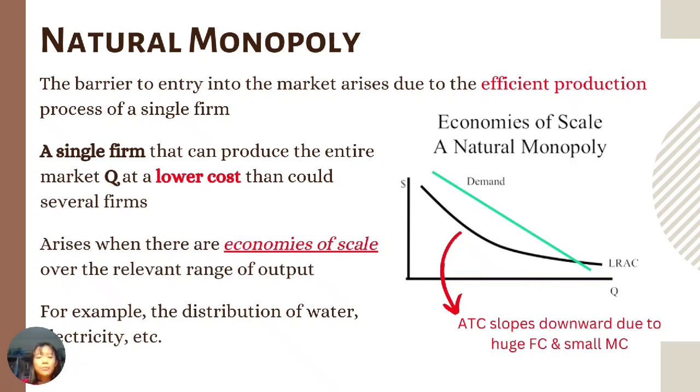And as we have learned before, when there are economies of scale, the long-run AC curve will be downward sloping. So the ATC slopes downward due to the huge fixed costs and small marginal costs. Examples of a natural monopoly are the distribution of water, electricity, and so on.